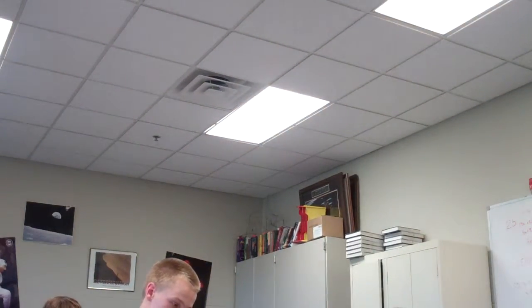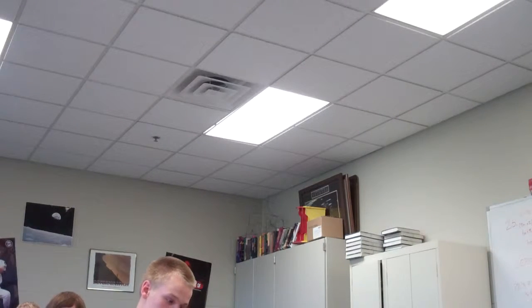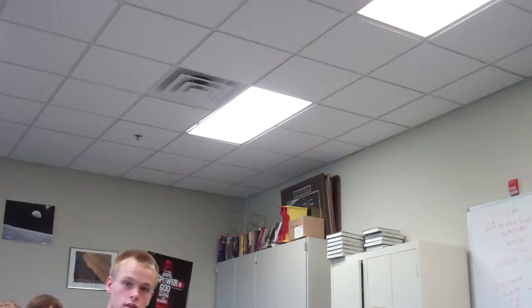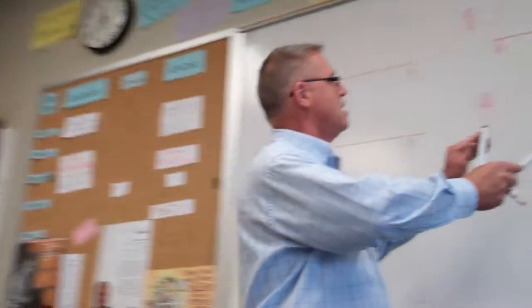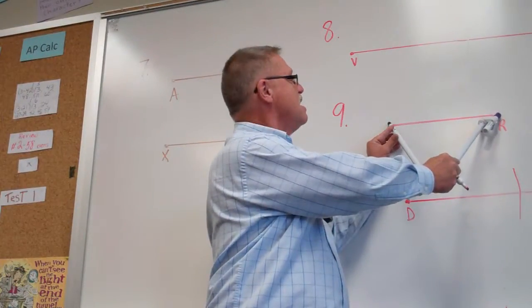Ma'am, how would we do that? I think what you should do is take the measure of TR and put it at your answer. TR. Not too fast. Okay, I'll do that, April. I'm going to set to TR.